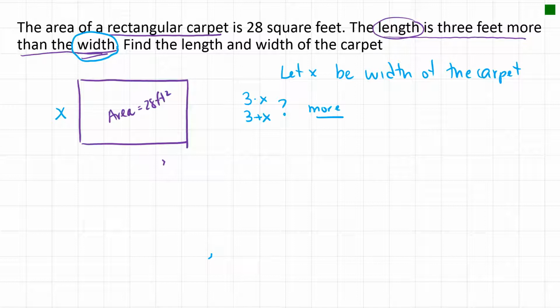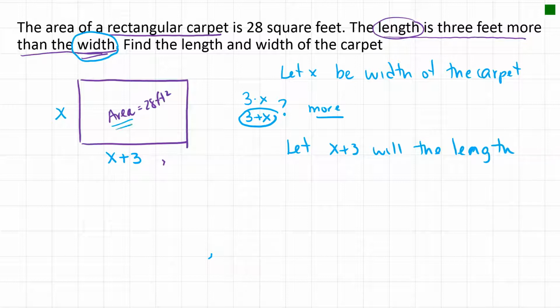So think about how you use the language in everyday life and say, hey, that must be addition, not multiplication. I'm not making 3 times the amount, it's 3 more. So that means the length is x plus 3. So x plus 3 will be the length of the carpet.